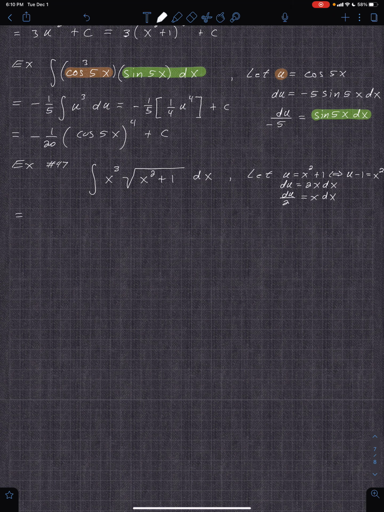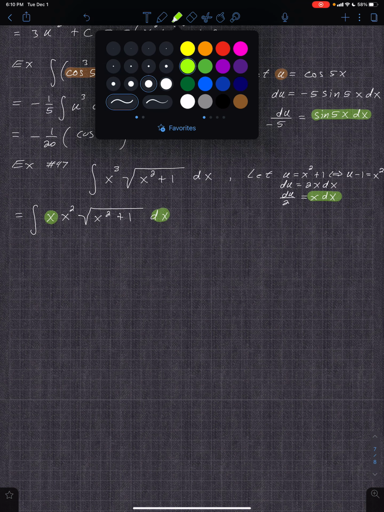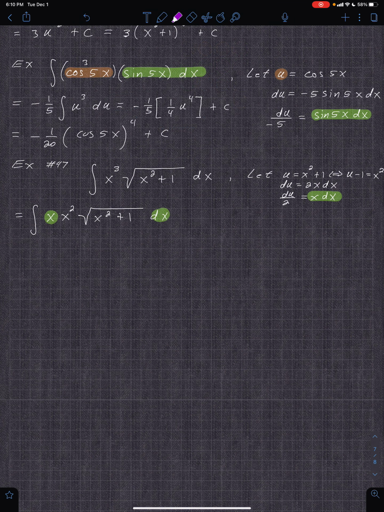I can say that this is equal to x squared times the square root of x squared plus 1 dx. And so now I have here's my x dx, and I have that x squared is u minus 1. Remember, you have everything in terms of u. And then do your substitution.